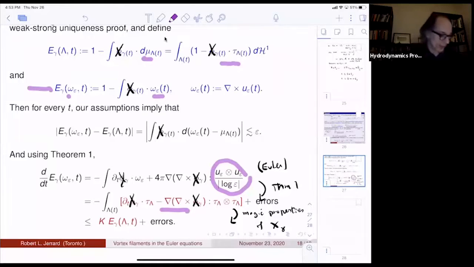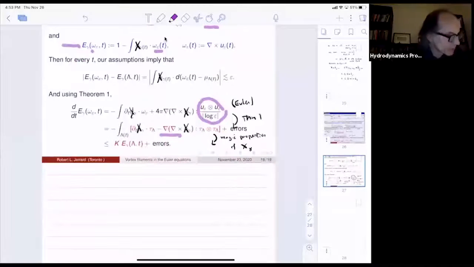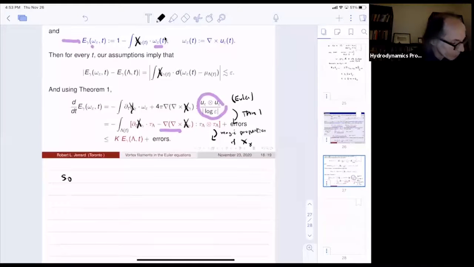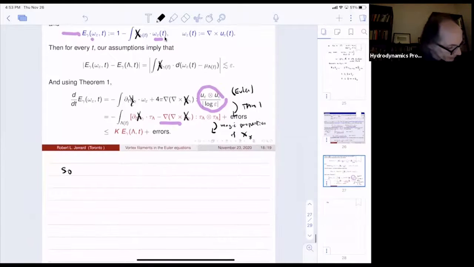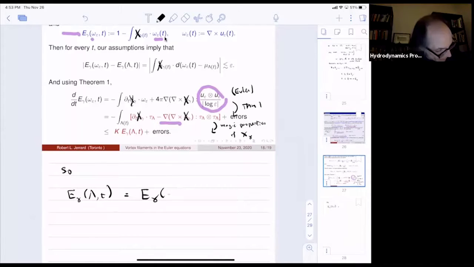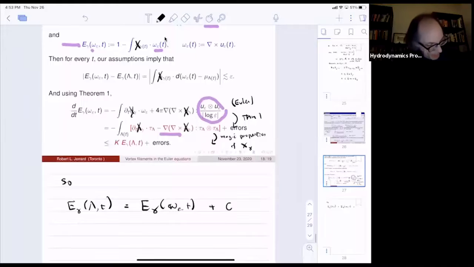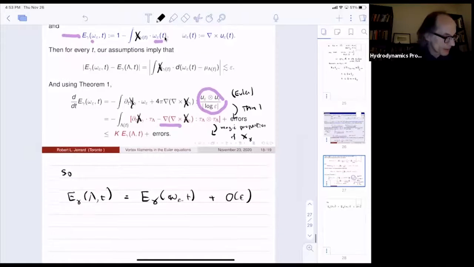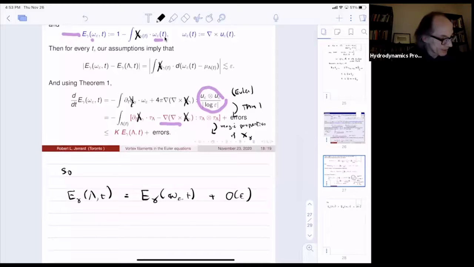Okay, what can I do now? Very quickly, the geometric error is like the vorticity error. These are always close, epsilon.